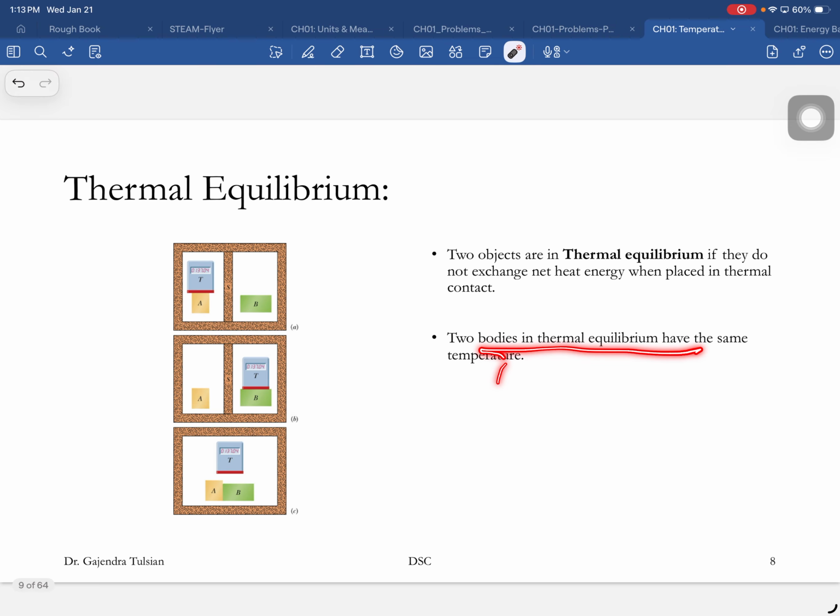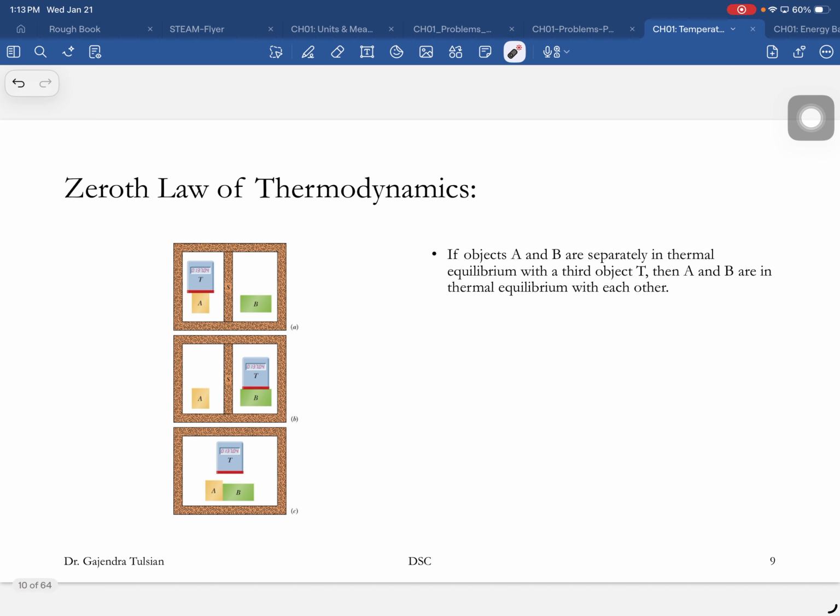Two bodies in thermal equilibrium have the same temperature. So the zeroth law of thermodynamics states the obvious. If A is in thermal equilibrium with B and B is in thermal equilibrium with C, then they're all at the same temperature. So that's the zeroth law of thermodynamics.